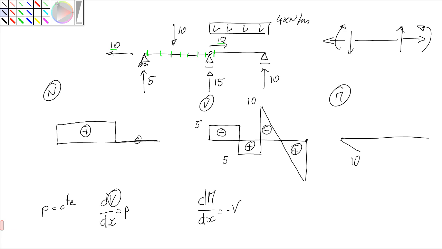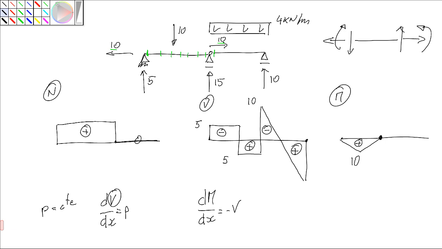Between this point and this point, so from here until the support, it is also linear, but V is now negative, meaning it decreases by the area of this diagram. The area of this part of the diagram is 5 times 2, so it's 10, and changes 10, resulting in a moment 0 at the hinge.